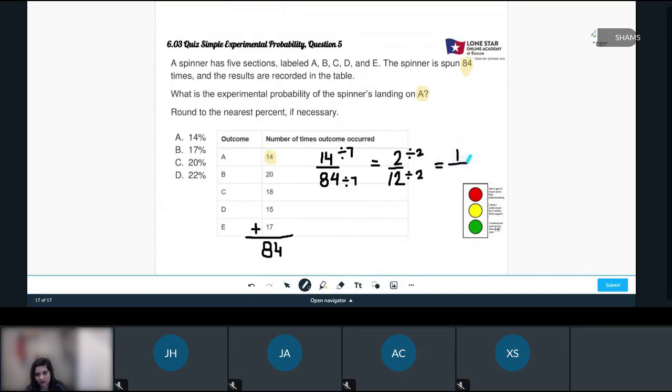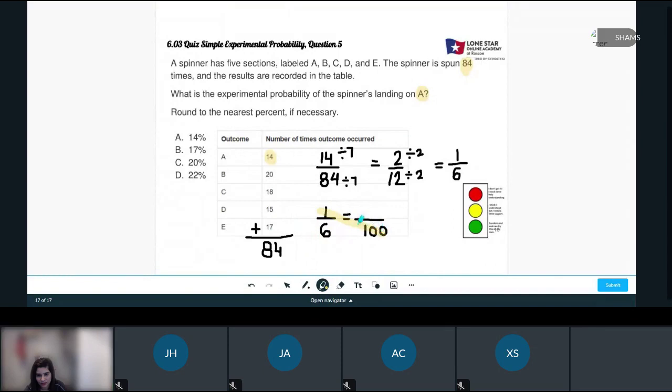Then we have to change it into a percent. So how do we change it into a percent? We can say 1 over 6, change it to a denominator of 100. I will cross multiply, and then divide.